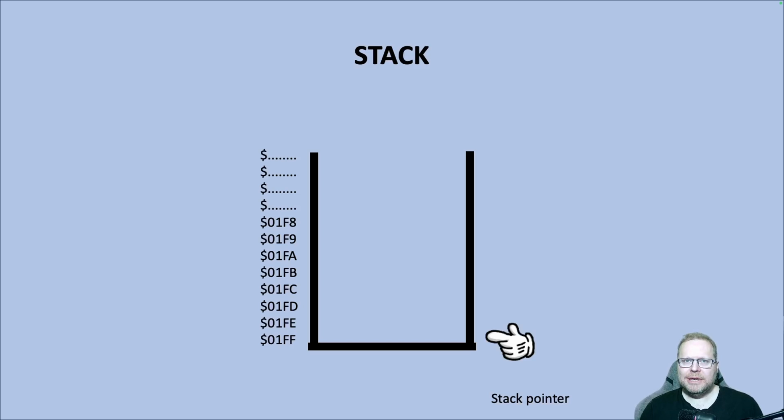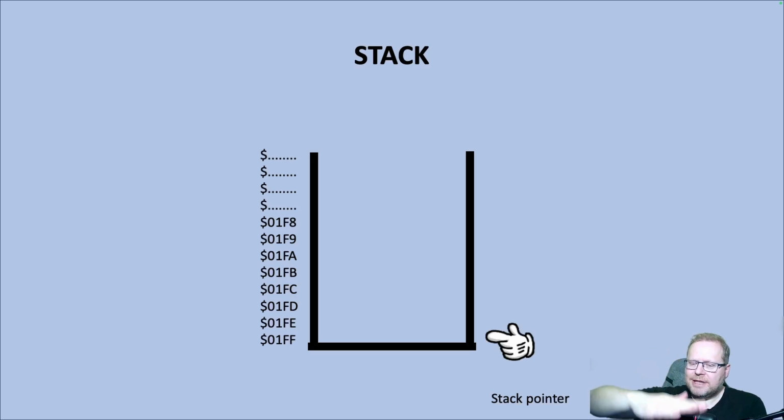At the very beginning of this video I was stacking some dinner plates, one on top of the other. That's a simple example to show you that we have something called first in, last out.